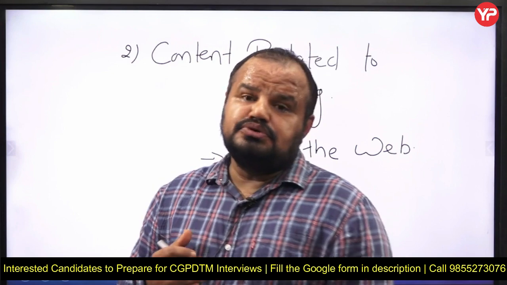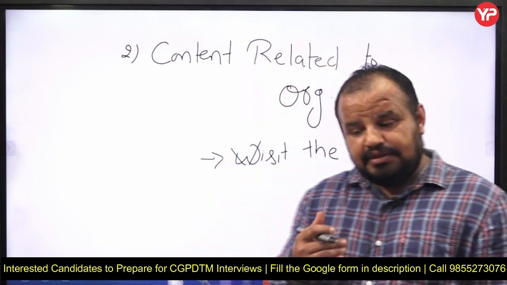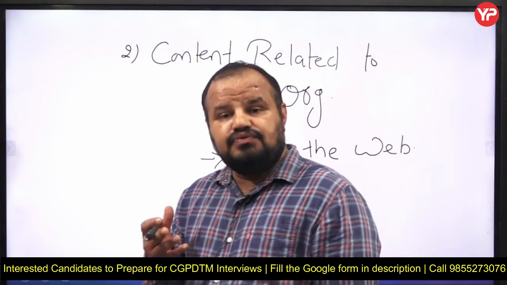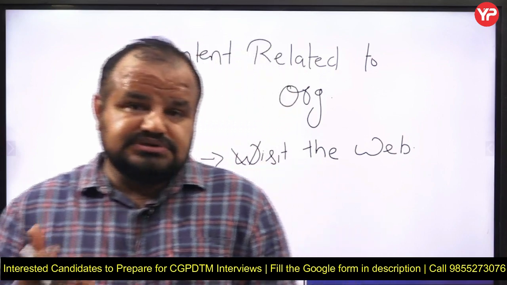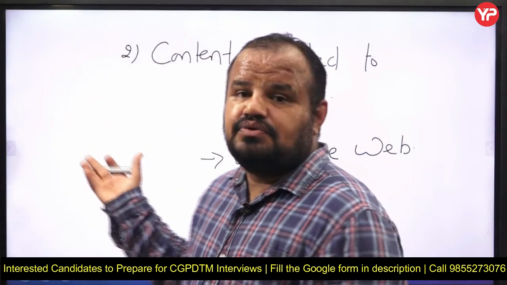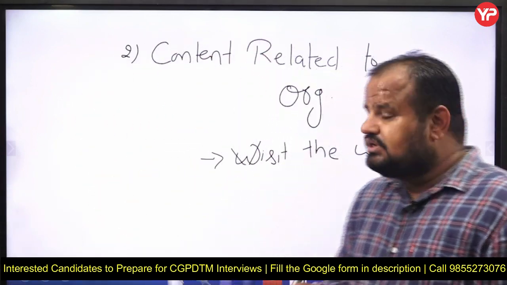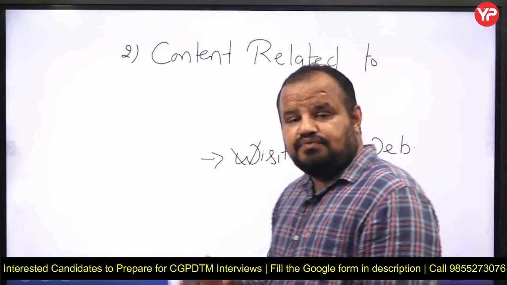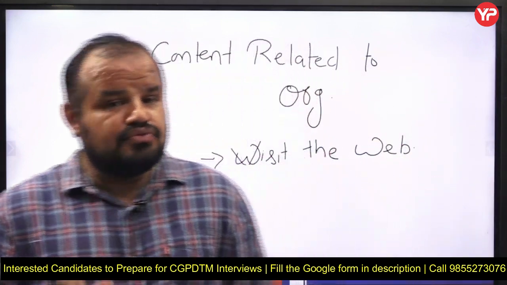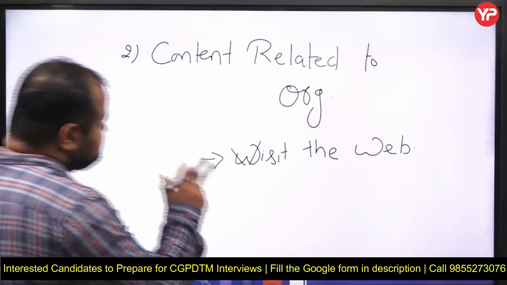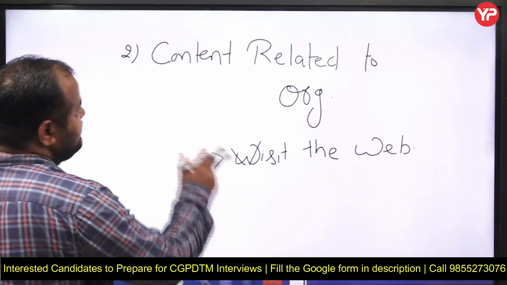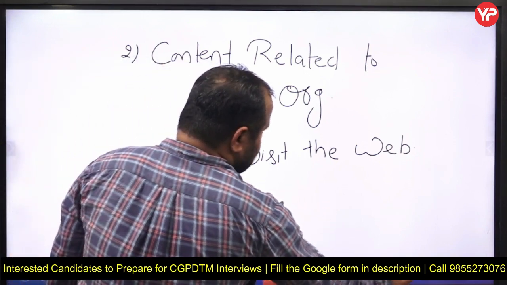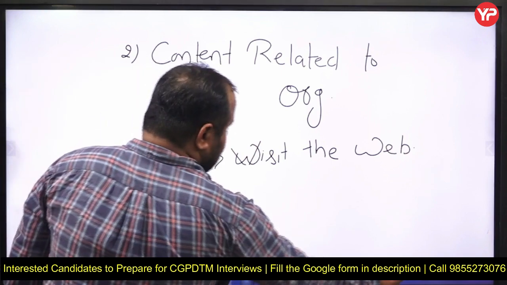Suppose you are a computer science student, they may ask you what is your role as a computer science engineer in this organization. So you may face a lot of questions related to this part, so you have to prepare this important parameter, which is content related to the organization.